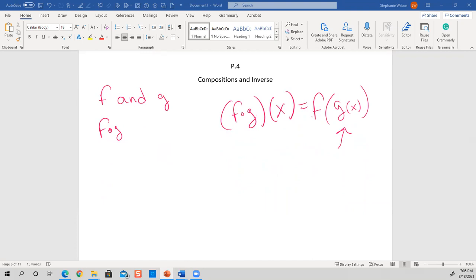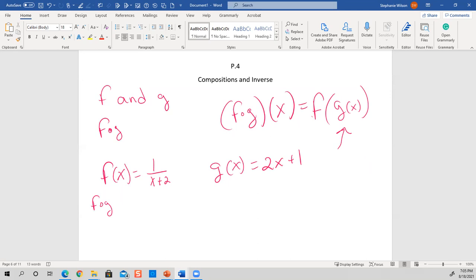So say I have this f function of x, say it's 1 over x plus 2. Let's do that. And I have this g function of x, 2x plus 1. All right. And I said, let's take the function f of g.